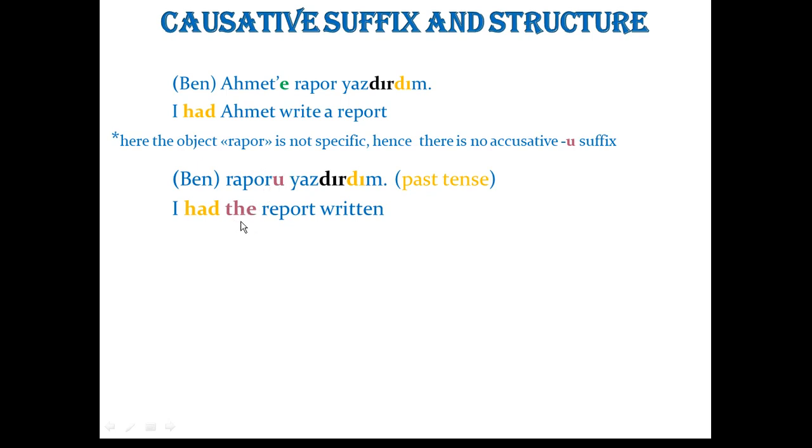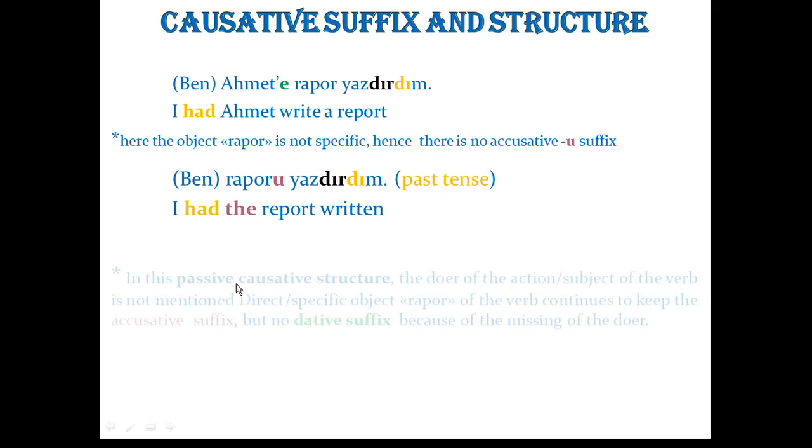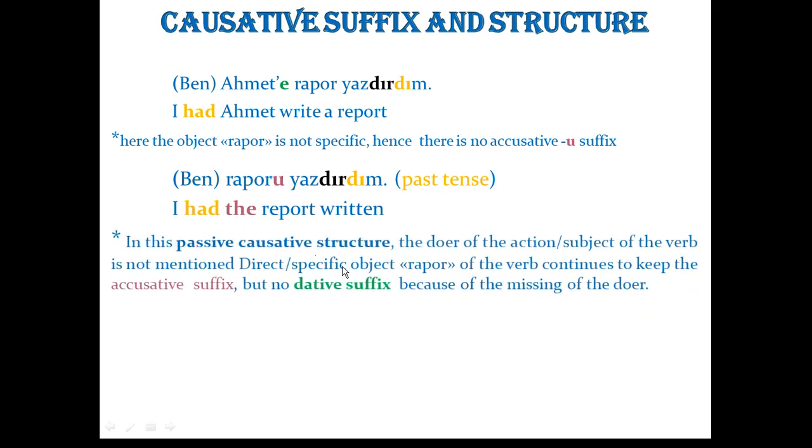For that reason, it takes the accusative suffix. The doer of the action, or subject of the verb, is not mentioned, but the direct or specific object rapor continues to keep the accusative suffix, with no dative suffix like here, because of the missing doer.